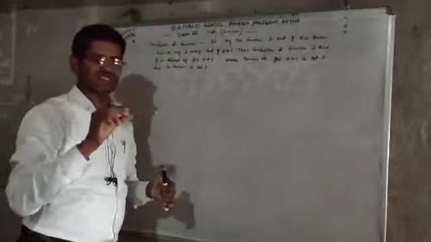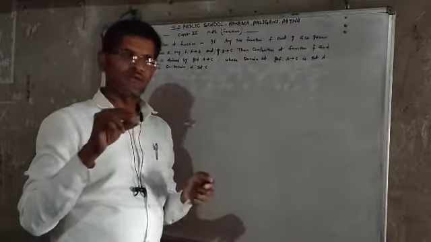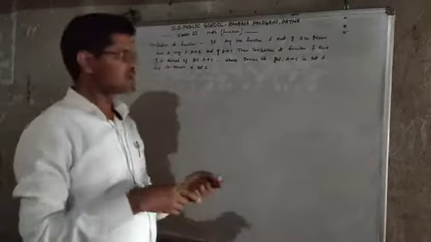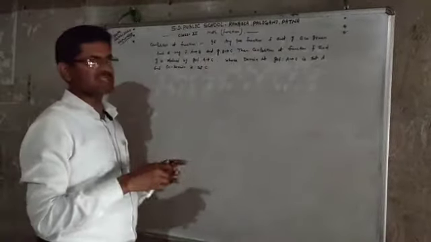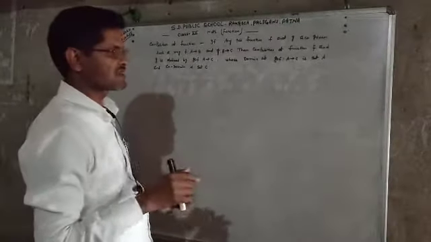Here composition means the composite of two functions. When two functions are combined with each other, a new function is made, and the new function is called the composition of two functions.